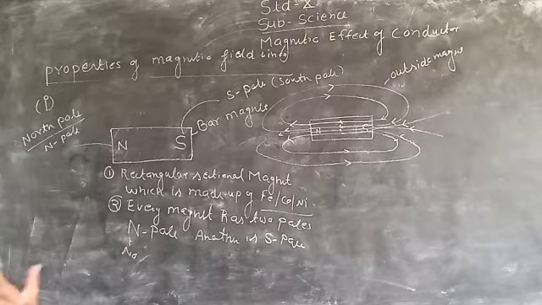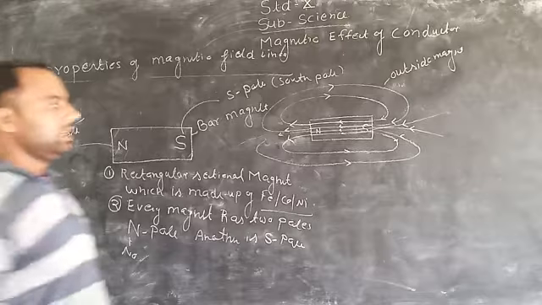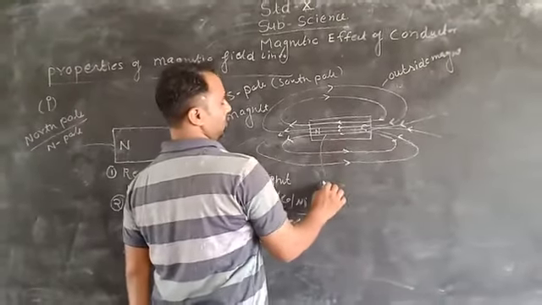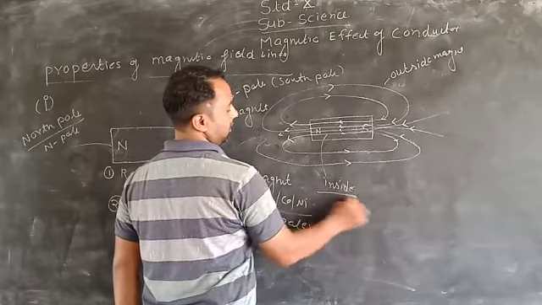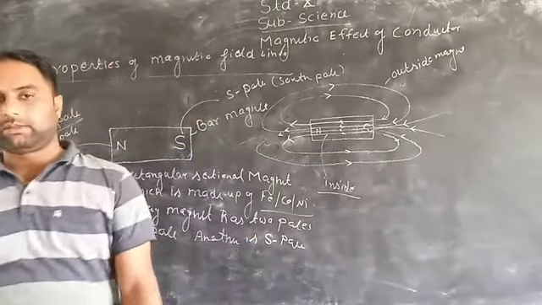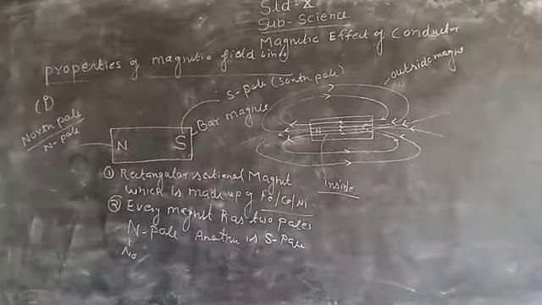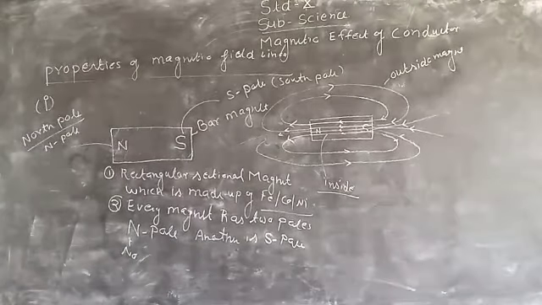This occurs outside the magnet, and inside the magnet it goes from the south pole to the north pole. This is the first basic property of the magnetic field lines of a bar magnet.